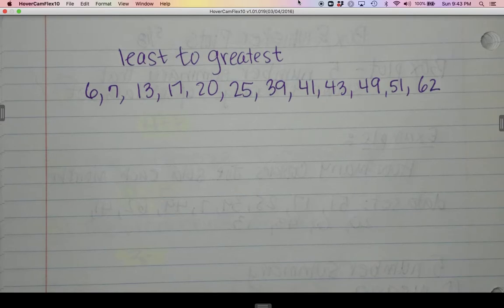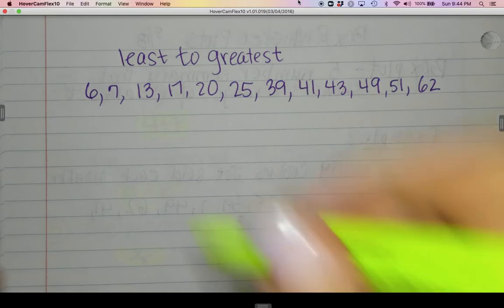Okay, so let me get a highlighter real quick, or a different color, so I can show you the median. Because I have an even number of data, I'm going to have to take the mean of the numbers in the middle.